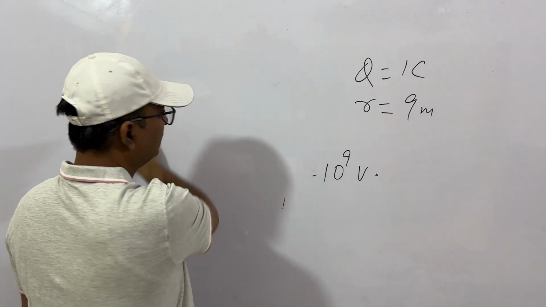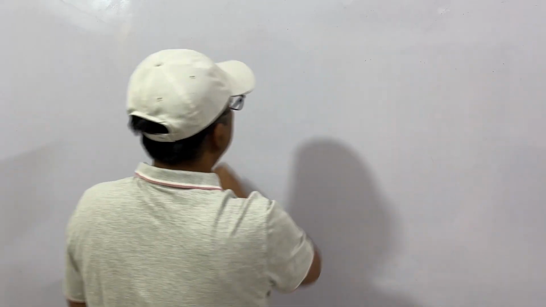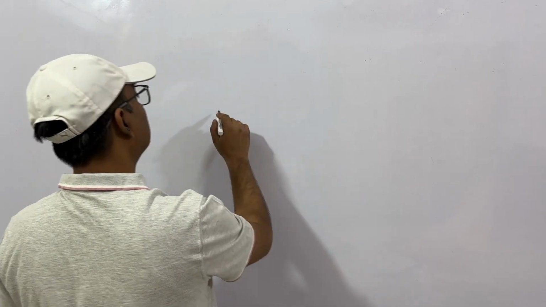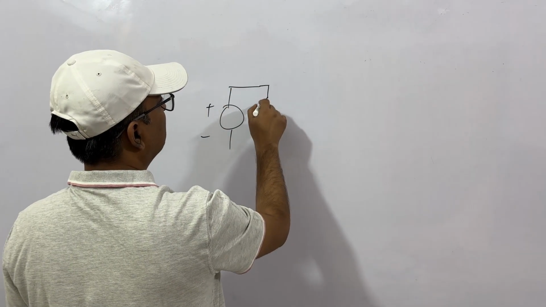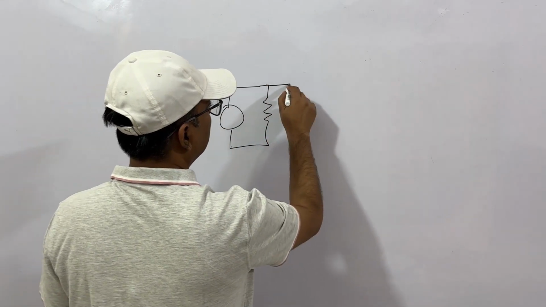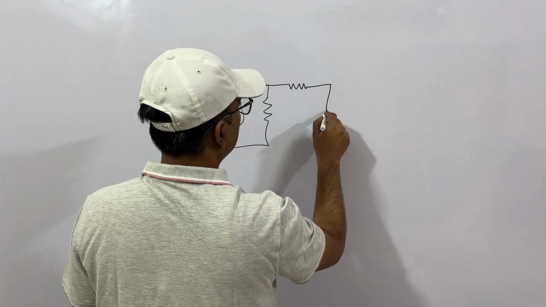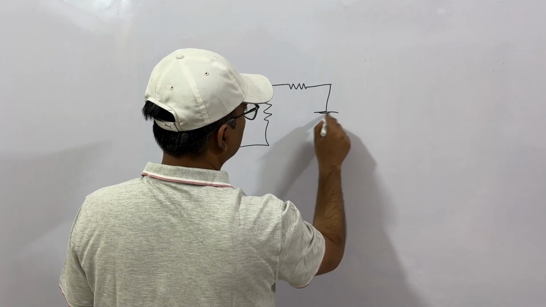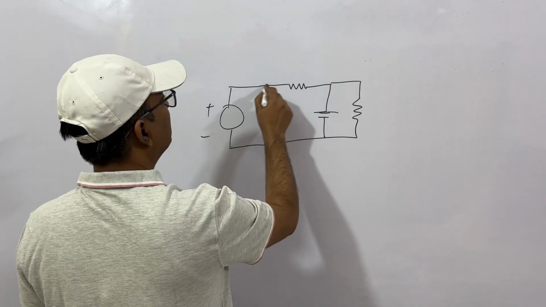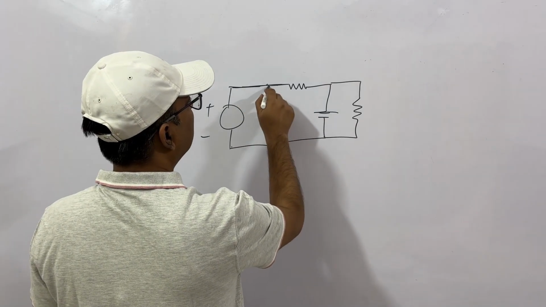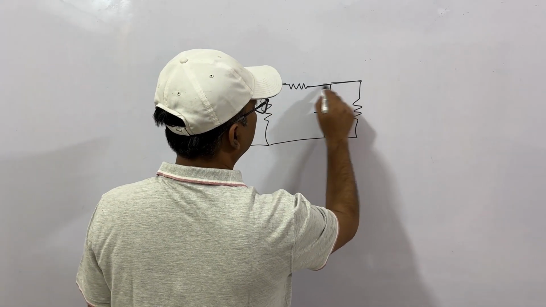Second, let's say we have a circuit. This is a voltage source, this is a resistor, this is another resistor, this is, let's say, another battery, then another resistor. So this is one point, equipotential surface, this is another equipotential surface.